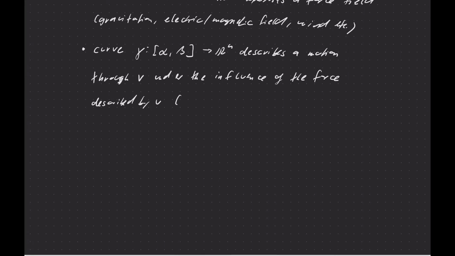So for example, that could be the movement of an airplane through winds, the movement of a charged particle through an electric or magnetic field, the movement of a person through the gravitational field of the Earth, or the movement of a satellite around the Earth.